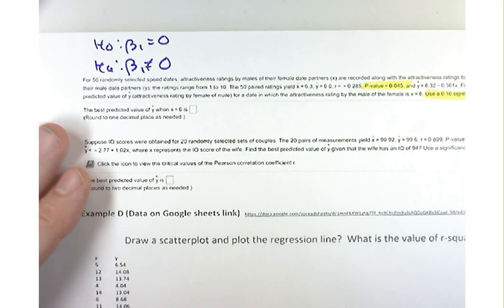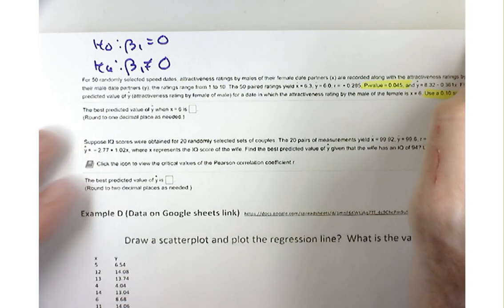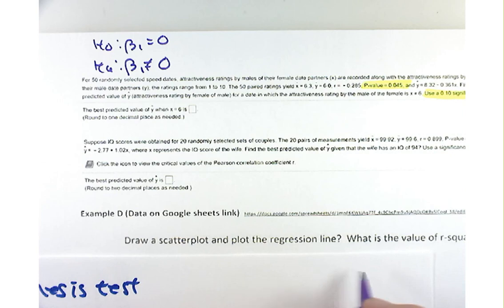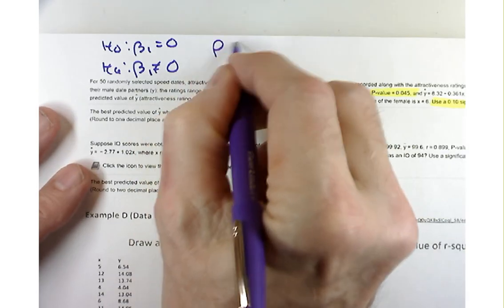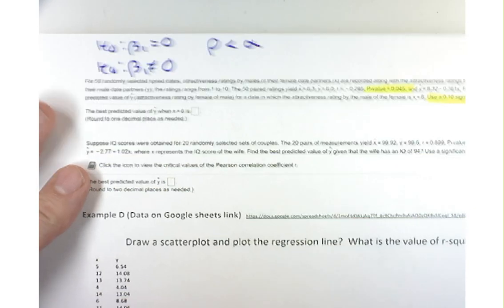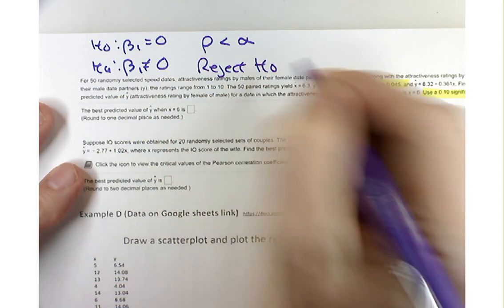Are we going to reach the same conclusion this time? Yes? No? What do we think? This time, p is less than alpha. If the p-value is low, H naught must go. So you're going to reject H naught.